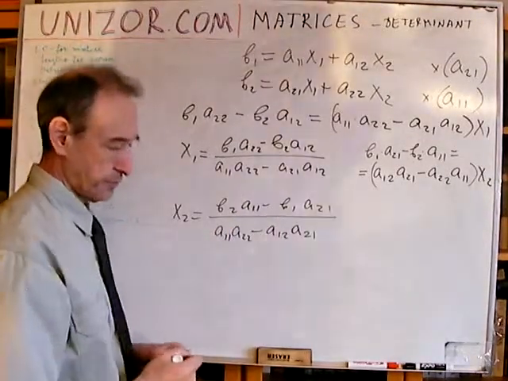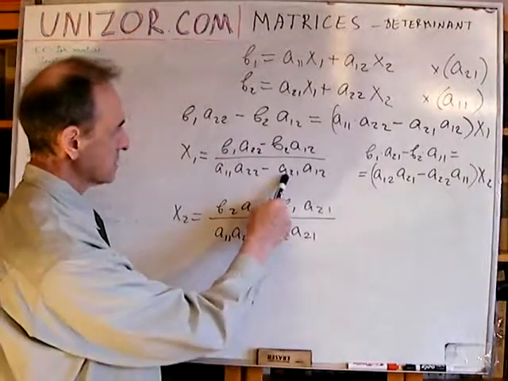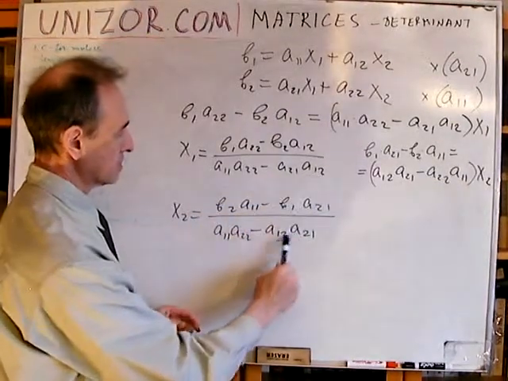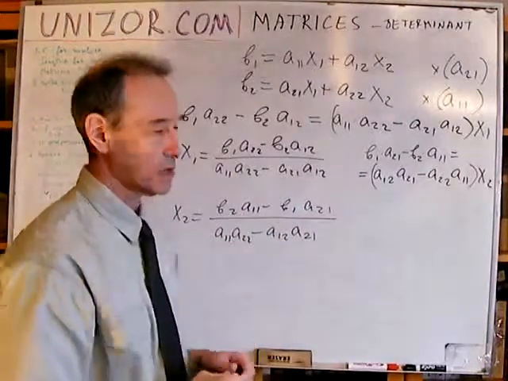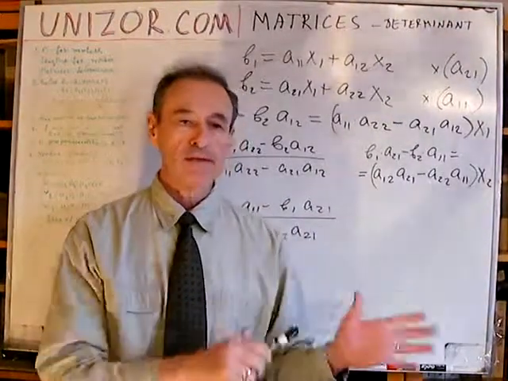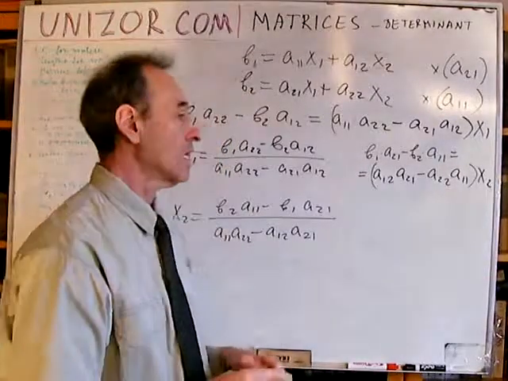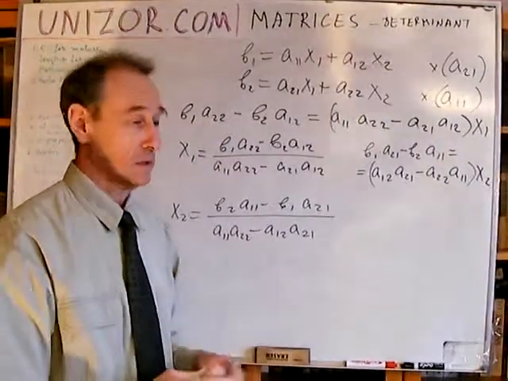Now, this is a21 times a12, this is another way around, but these are all real numbers, so the commutative rule is working. So we have exactly the same thing in the denominator. Now, what does it signify, basically?